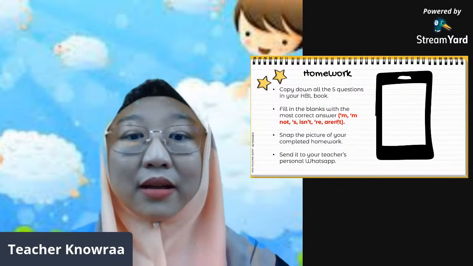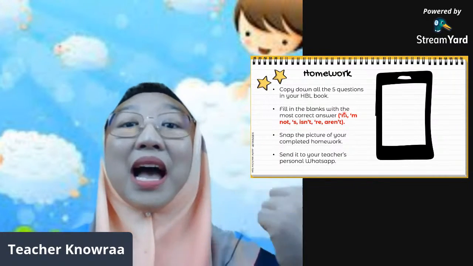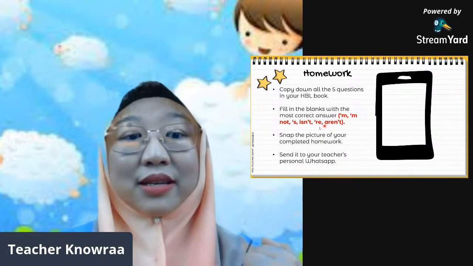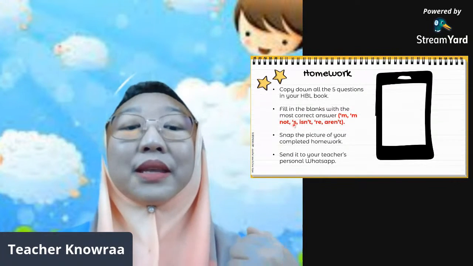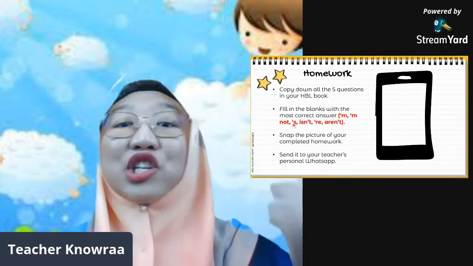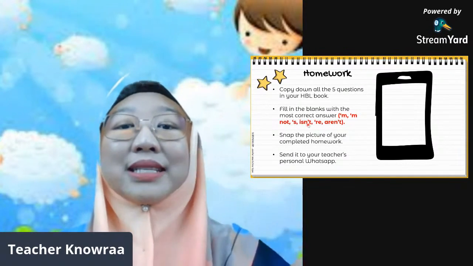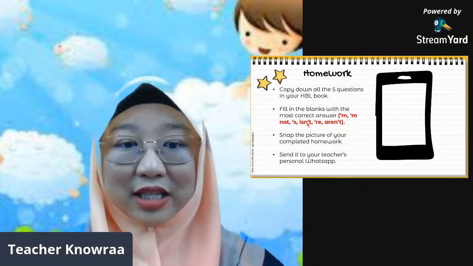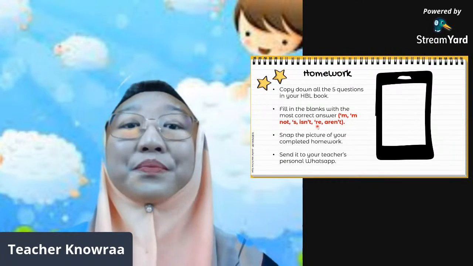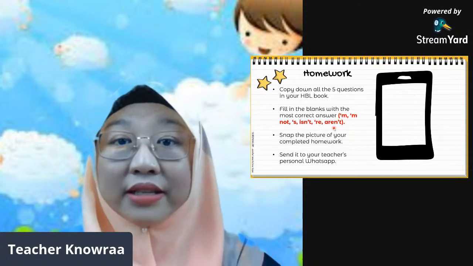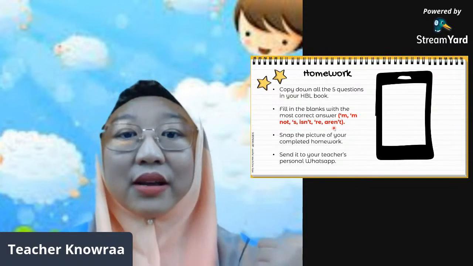Macam kita dah belajar tadi lah. Apostrophe M is I'm. Apostrophe M not, I'm not. Apostrophe S, he's, she's, it's. Isn't is, he isn't, she isn't, it isn't. Apostrophe RE, we're, they're. Aren't, we aren't, they aren't.